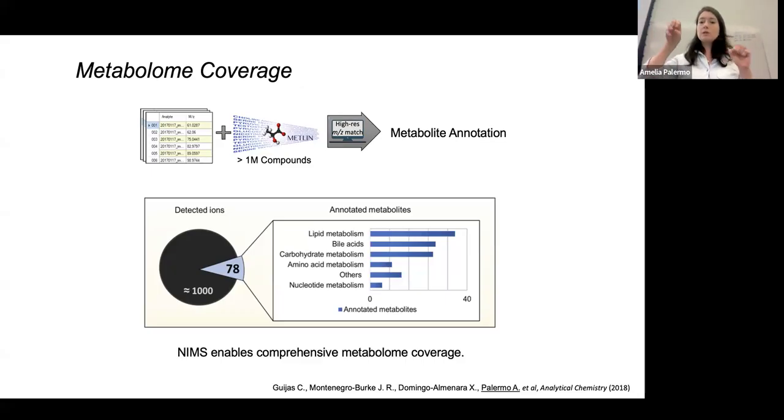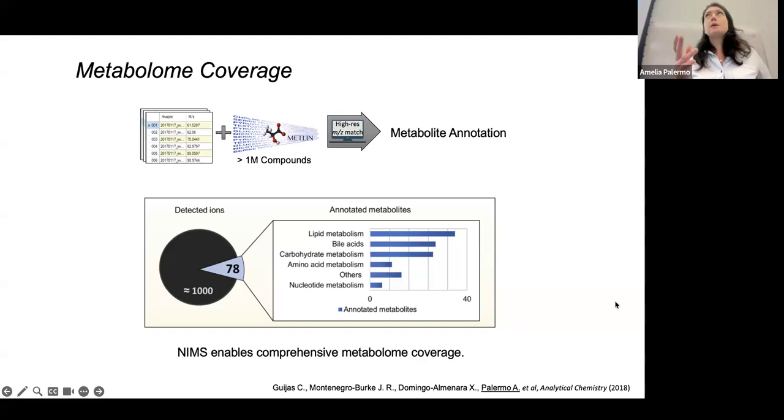So going back to the sample, selectively sampling from those areas, and then measuring and doing fragmentation experiments on a classic LC-MS system, because you have better sensitivity and you can get better MS2.